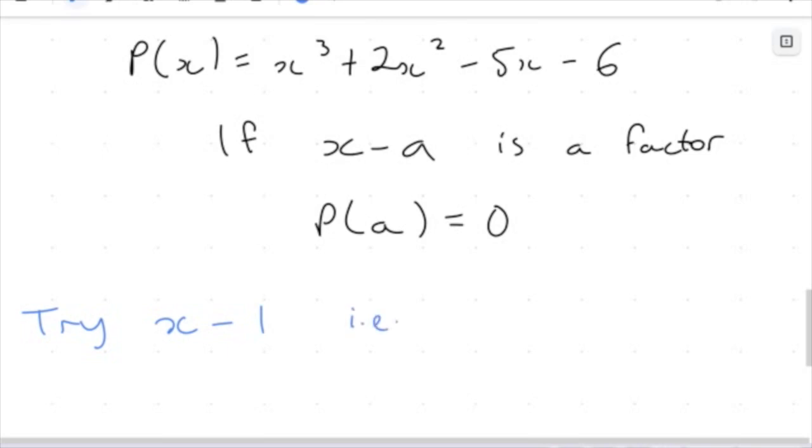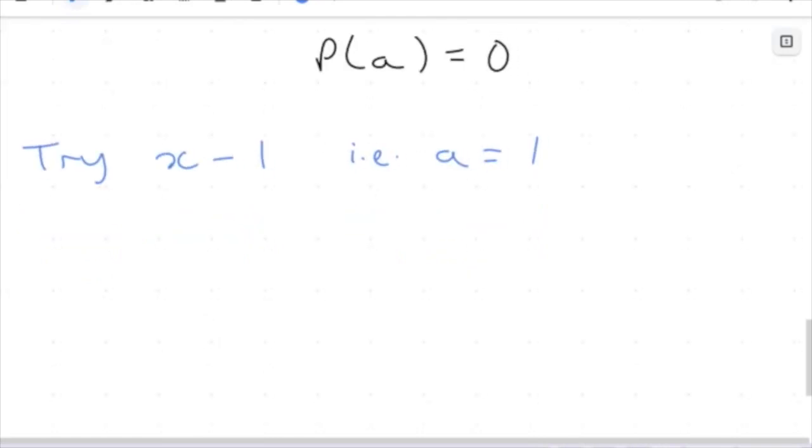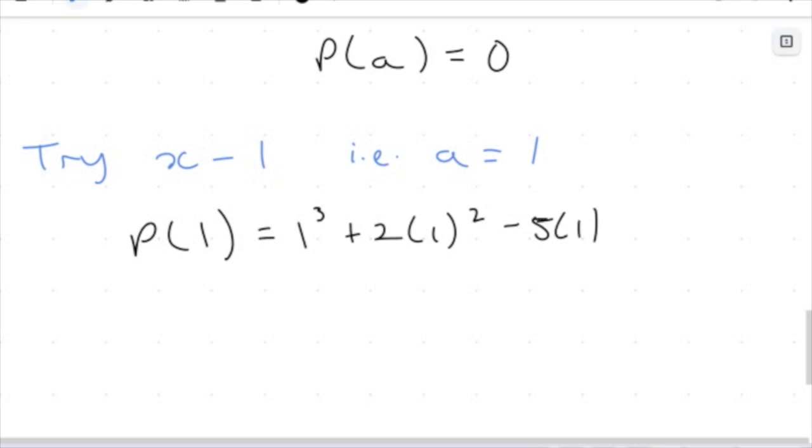In other words, our a value here is going to be 1. So I'm going to try here p of 1. I'm going to substitute this a in place of all the x's. So this will give me 1 cubed plus 2 times 1 squared minus 5 times 1 minus 6.